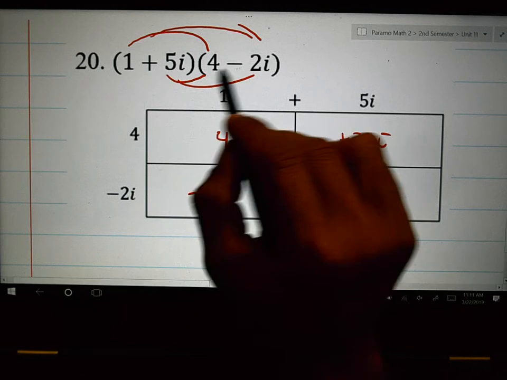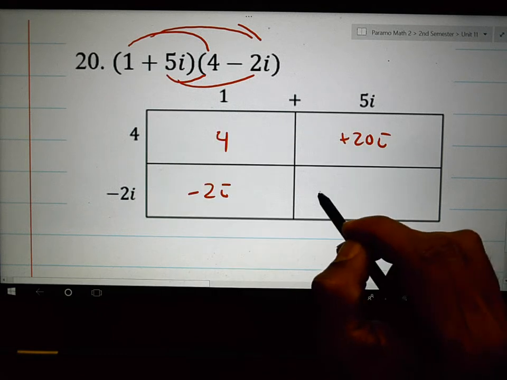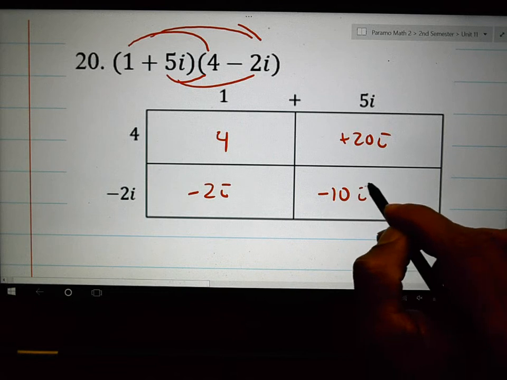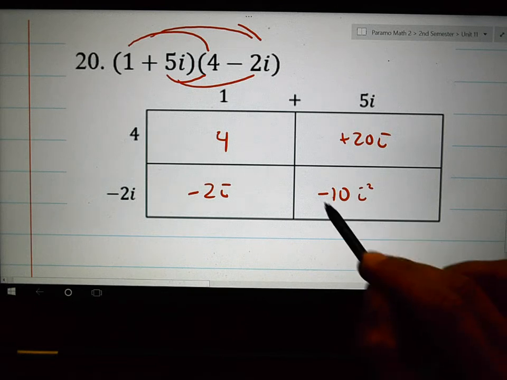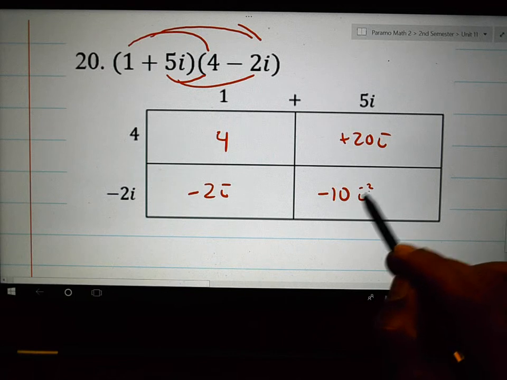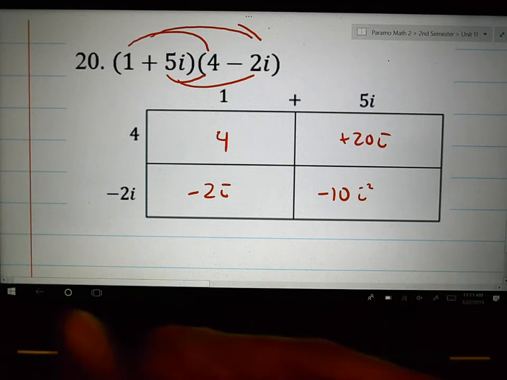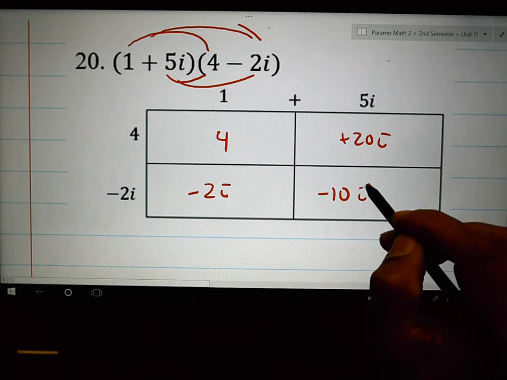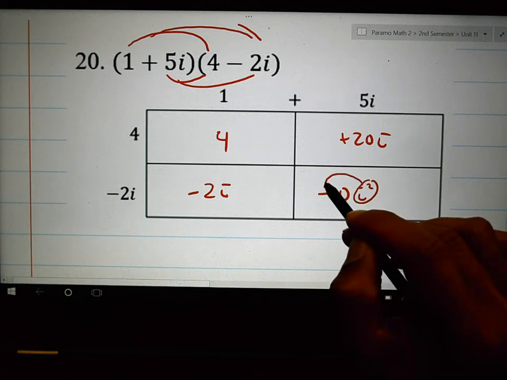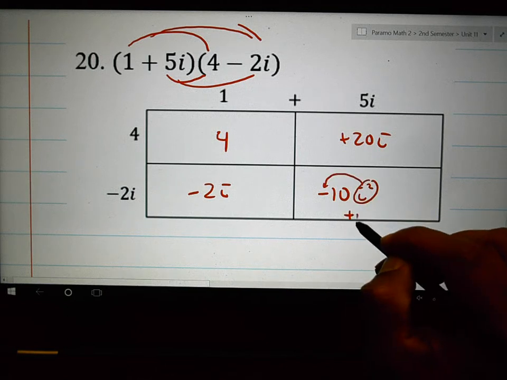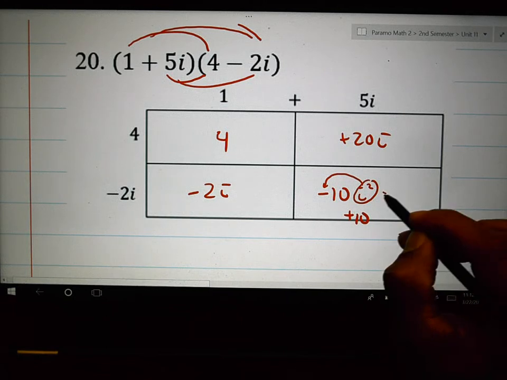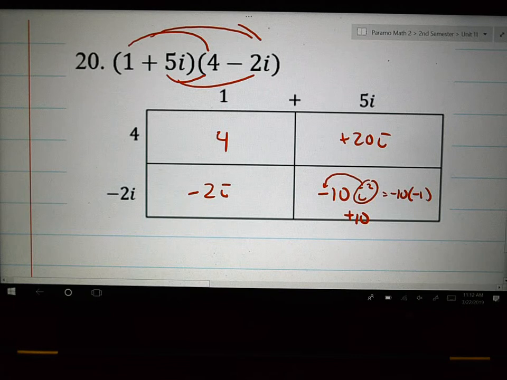This times that, positive times a negative is a negative 10, and the i times the i is i squared. This will simplify. Negative 10i squared. i squared turns into negative 1, but you're multiplying by it, which means you're going to change this sign. It's going to turn it into plus 10. If you need me to work it out, it becomes that.